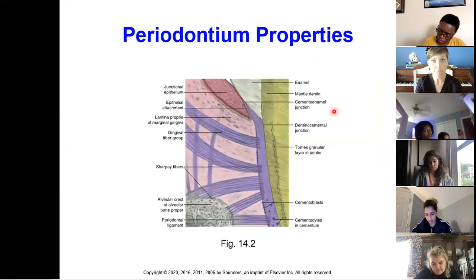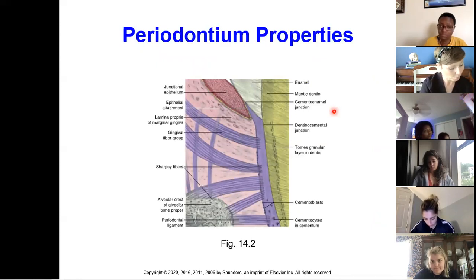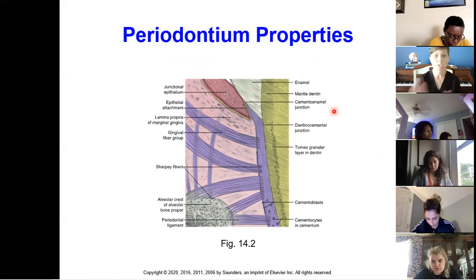Okay. All right, so now for the properties of the periodontium. Here again, this is just the properties of the periodontium. Our enamel, there's our dentin, here's our cementum in dark purple, our cementoblasts on the outside, and our cementocytes inside the cementum are in here.